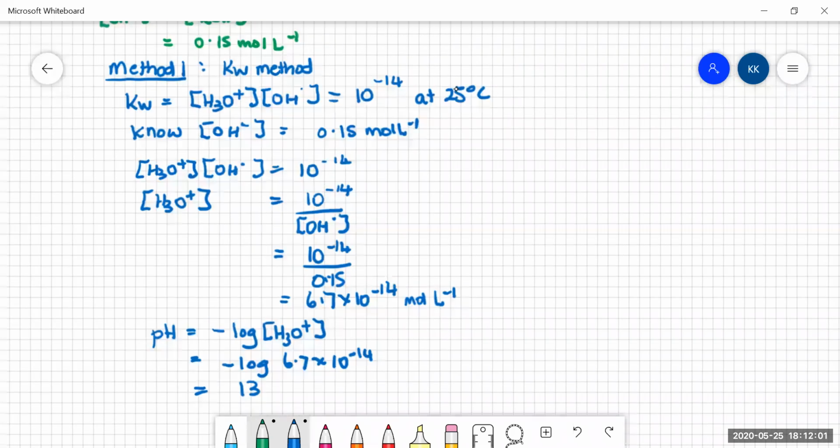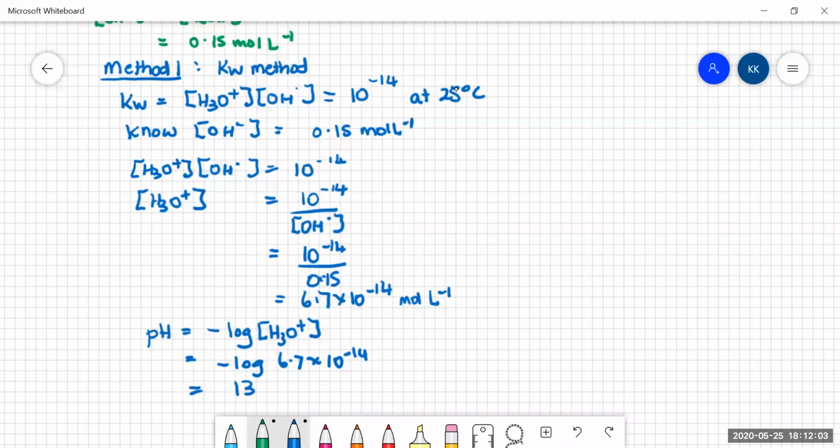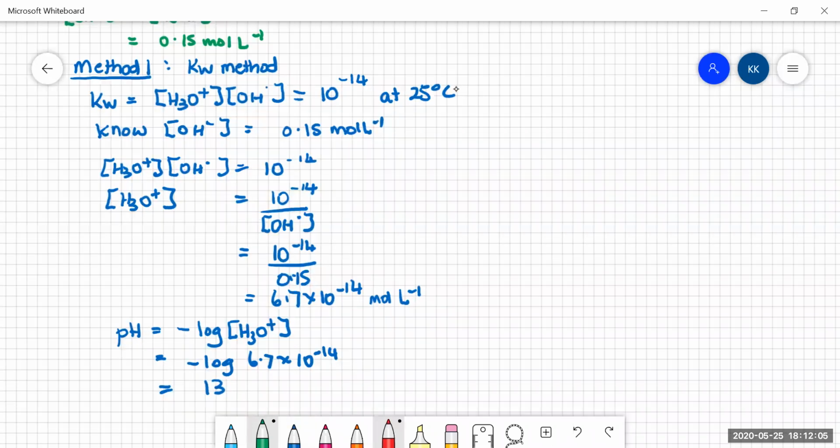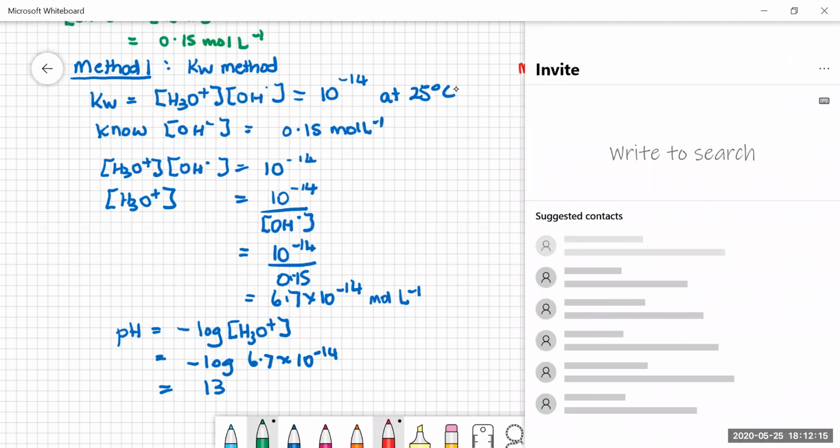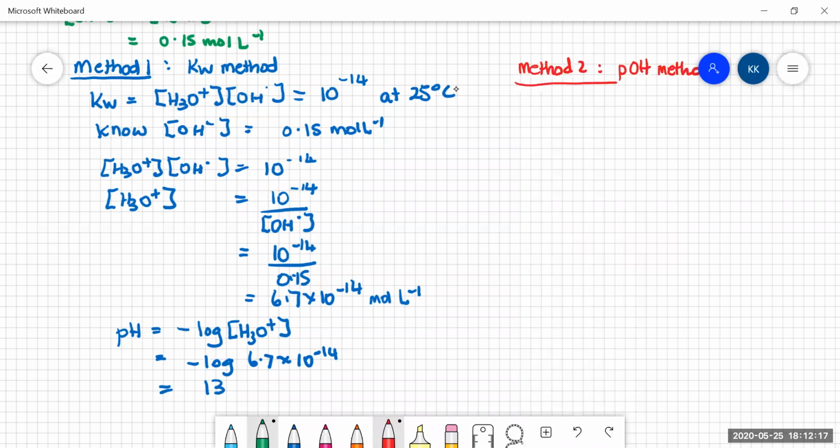Our second method I'm going to call the pOH method. And in this case, we use pOH.